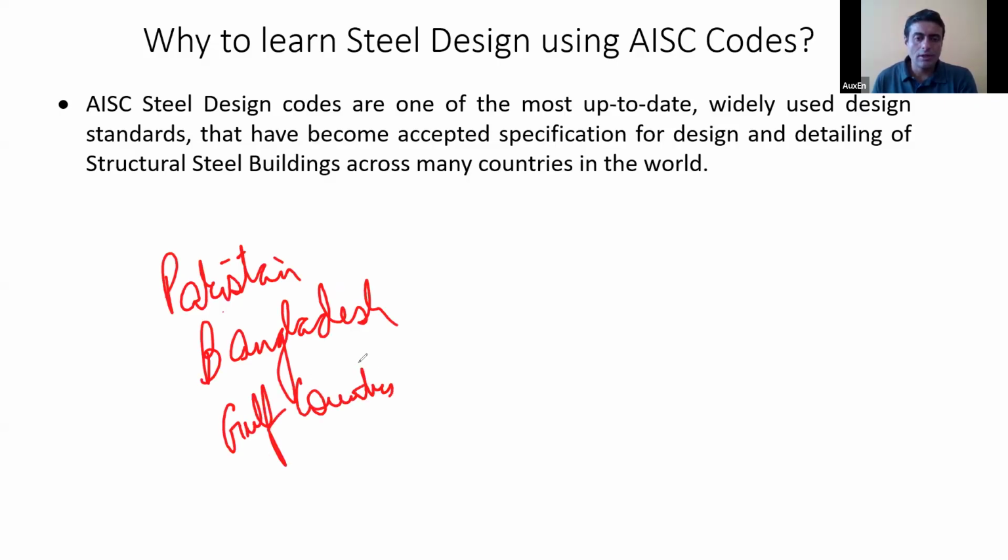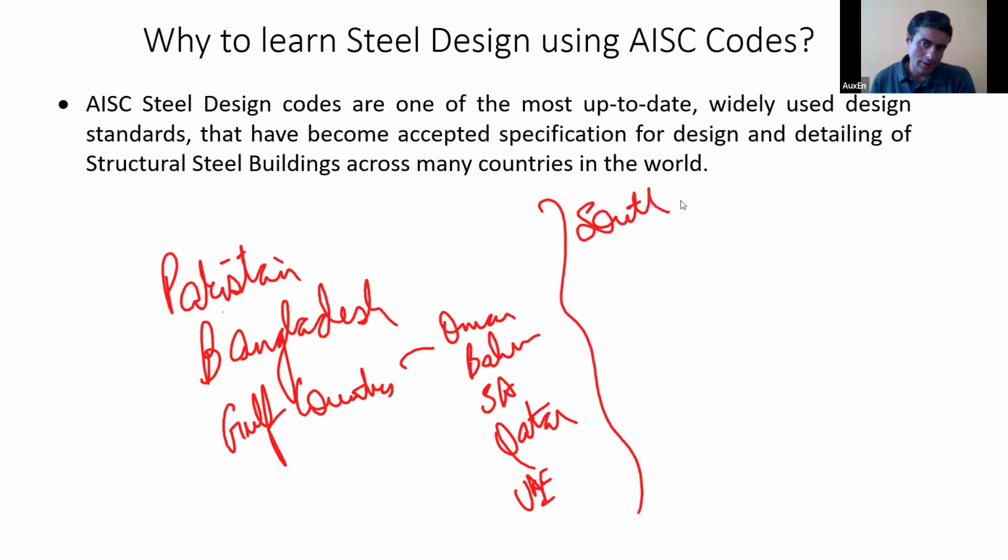So all the Gulf countries like Oman, Bahrain, Saudi, Qatar, UAE, all the Emirates, are using these codes. Then you have, I guess, the South American countries, the Latin American countries.